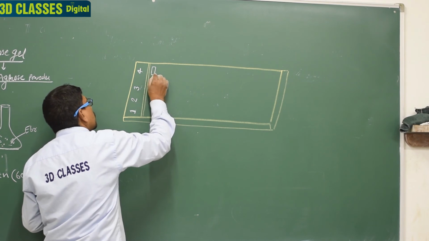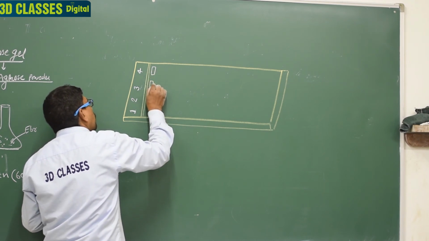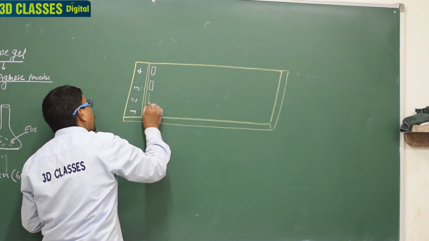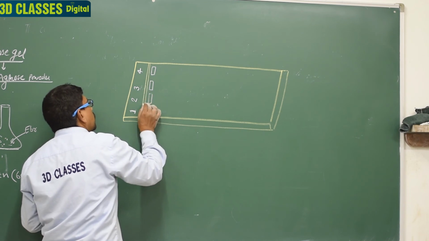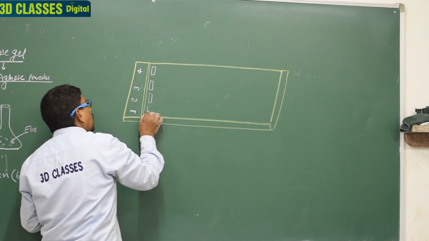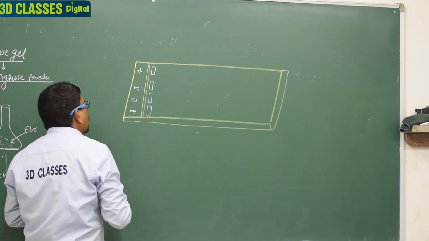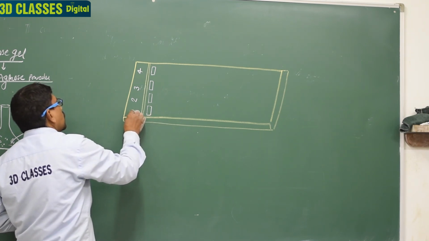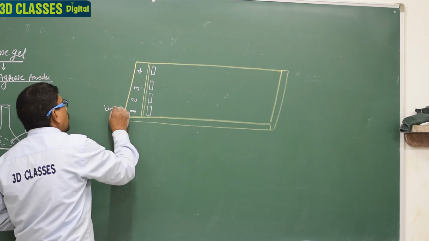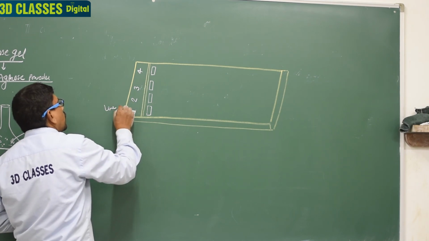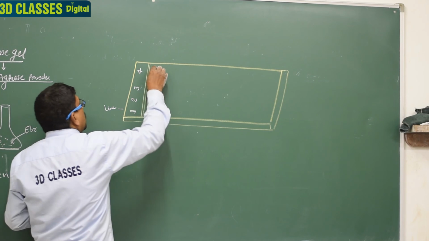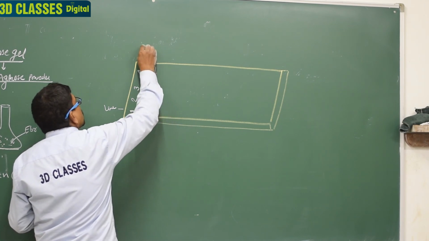Valve first, valve second, valve third, and valve fourth. Clear? So these are the lines first, second, third, fourth. These are known as the valves.